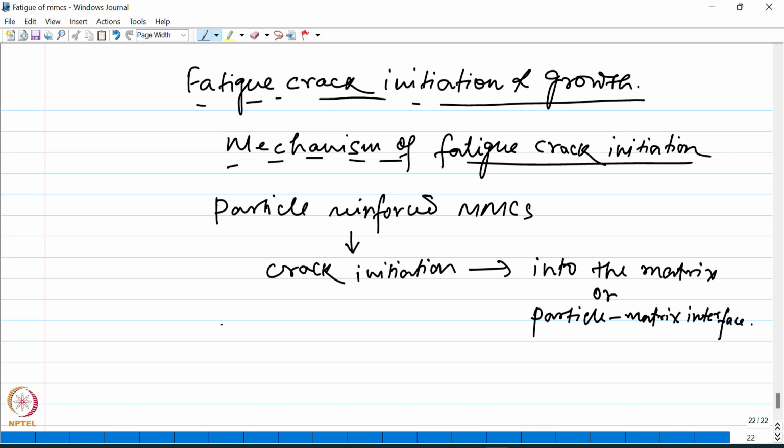It has been found that in both short fiber and particle reinforced composites, the crack generally initiates in the matrix near the poles of the reinforcement.